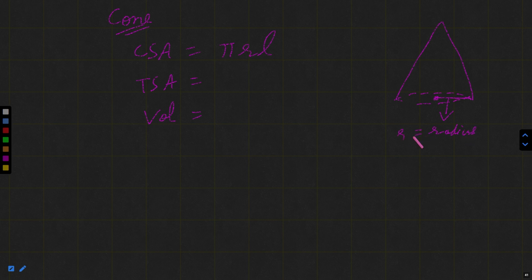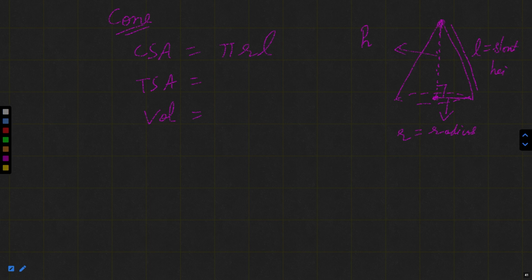Okay, and h is my height, from this vertex to the point where the radius is, and this length I call L, which is slant height.